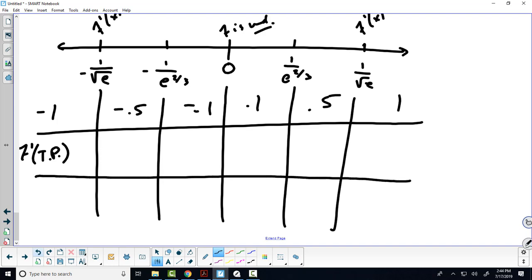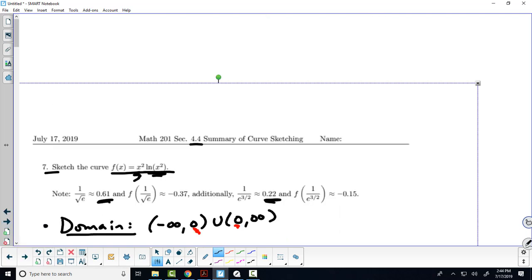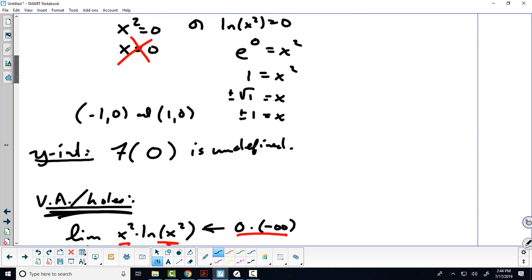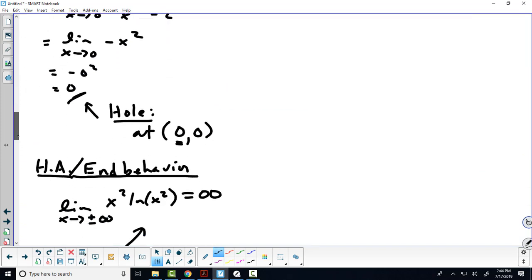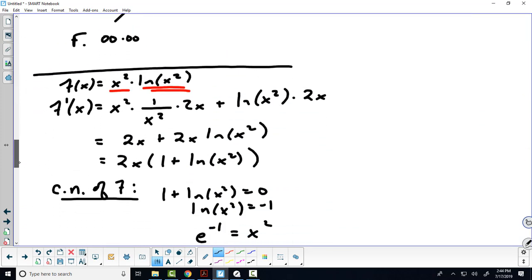Okay. Now, folks, I'm going to cheat a little bit here. To be honest, evaluating these would take some time. If we were to plug -1 into our first derivative, sorry, I'm probably giving you motion sickness here. Where is our first derivative? Here it is.